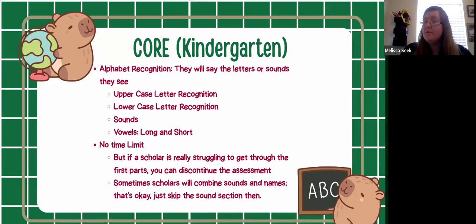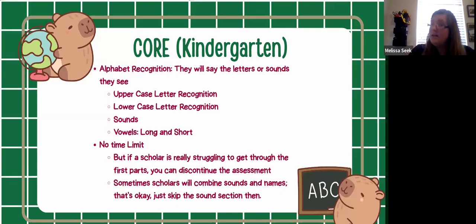Do they know the sounds? So do they know that A is ah or B is b, right? And then the last part is the vowels, which has two parts. Can they distinguish A versus ah, or E versus eh, right? Those long and short vowels that we use often.